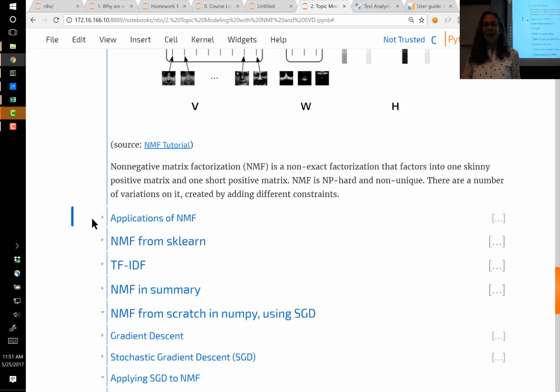NMF is a hard problem. One issue is that it's under-constrained, so you could find different answers, and typically you'll add additional constraints. It's NP hard.